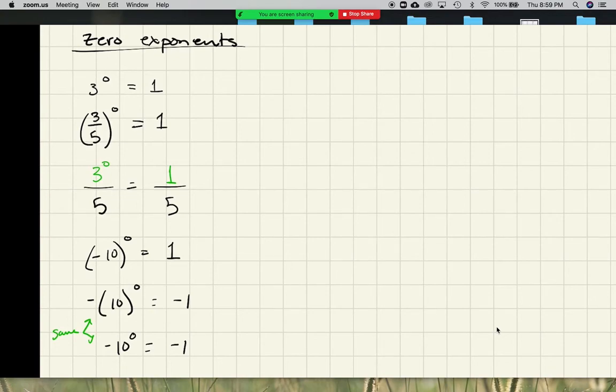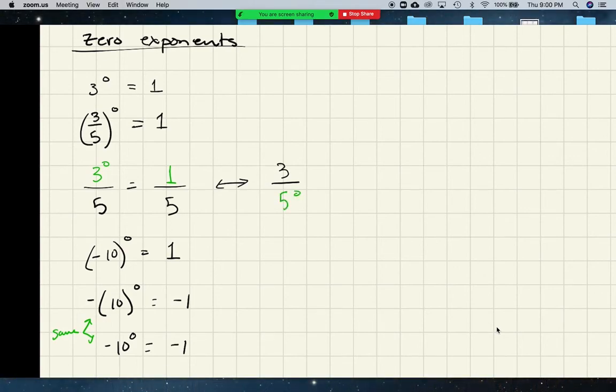That's pretty much the whole idea for 0 exponents. Another thing could be 3 to the 5 to the 0, which means the same thing as 3 over 1, which is the same thing as 3. I think those are all the situations for 0 exponents.